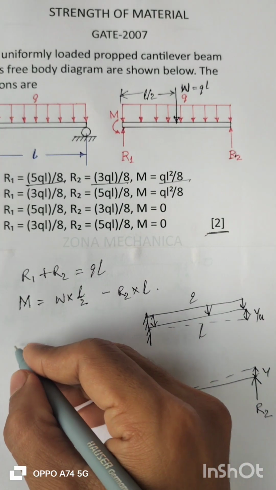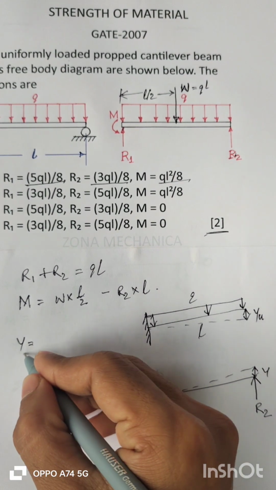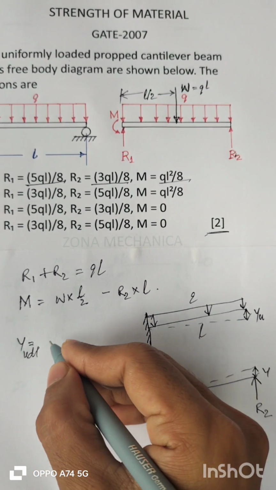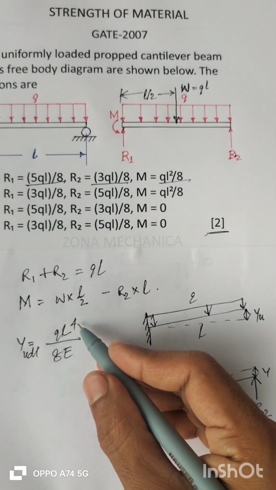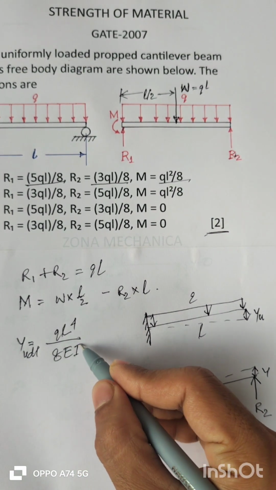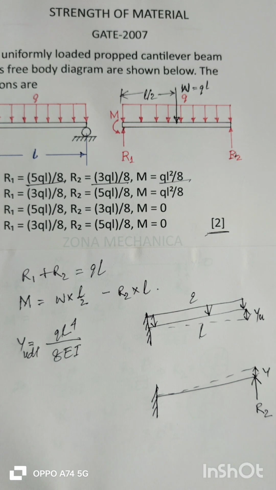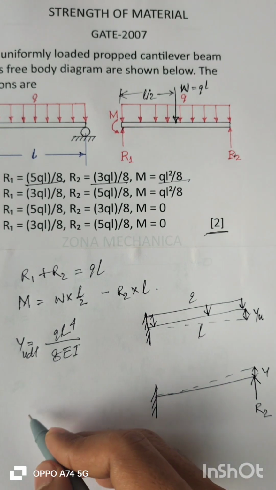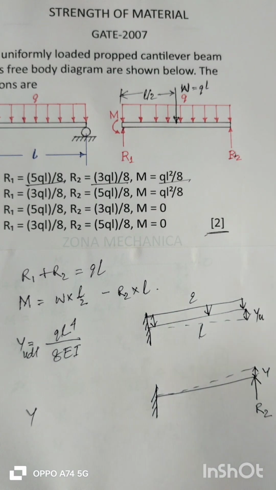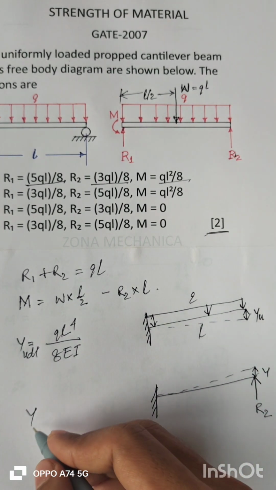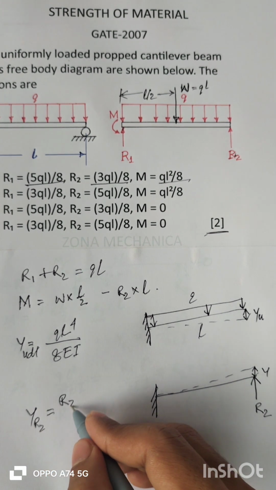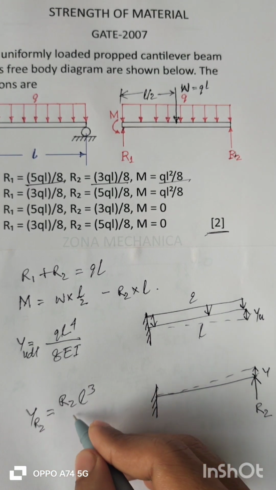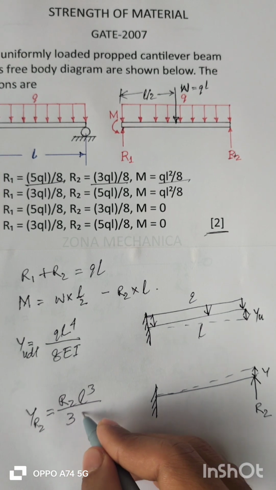So for deflection due to UDL, Y UDL will be equal to QL to the power 4 divided by 8 EI. This is a standard result. The deflection upward due to a force equal to R2 is R2 L cube by 3 EI.